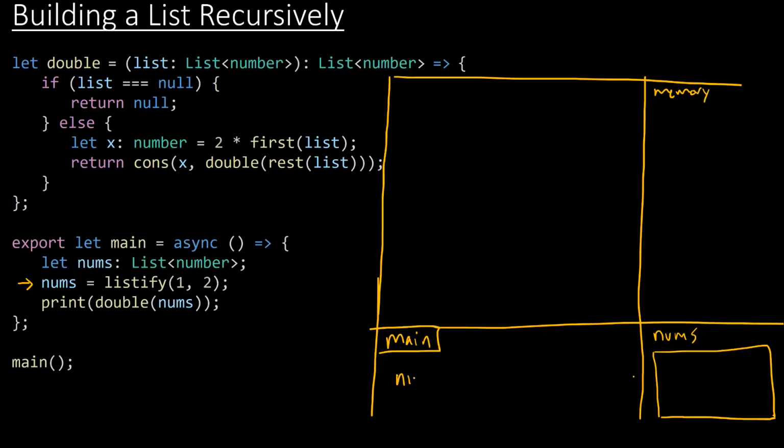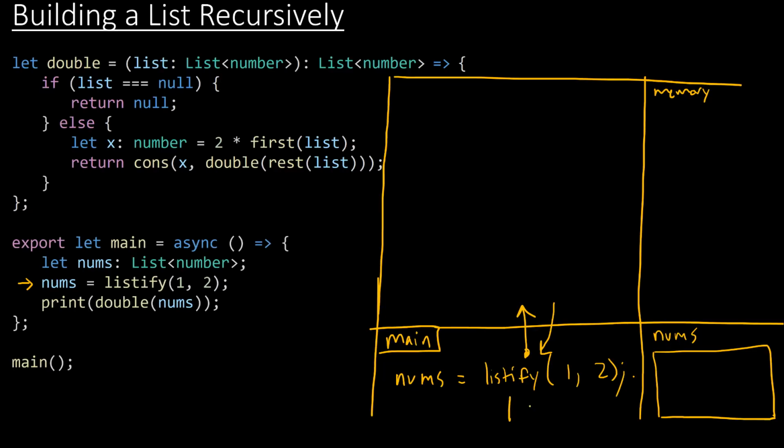So nums is assigned the result of calling listify with arguments 1, 2. We're not going to follow this function call through and through, but the idea here is we're going to think about what happens when the computer processes the listify function. It's going to call the listify function, and we know that the listify function is going to substitute back where this function was called a list whose values are those arguments in the same order.